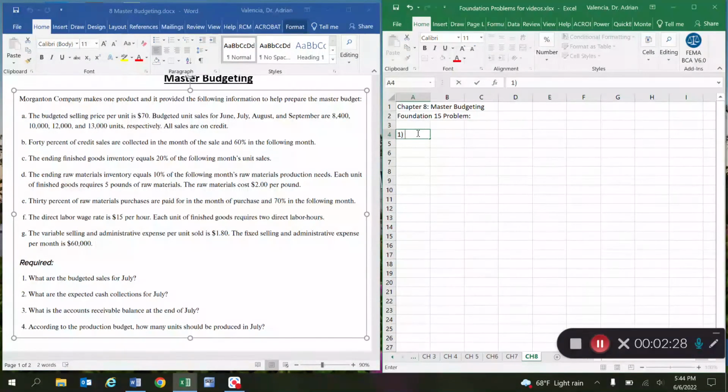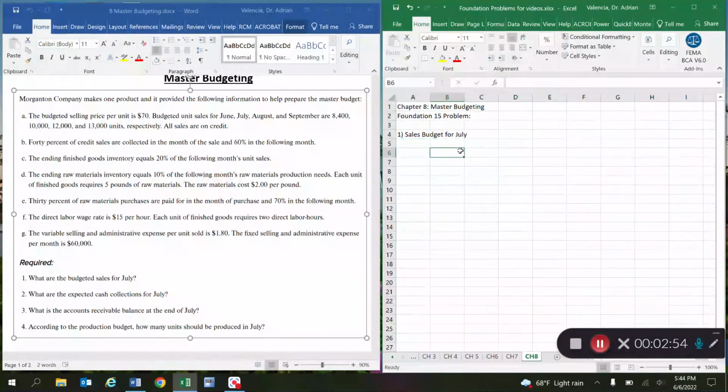So under number 1, we're being asked to prepare the sales budget for July. Now, it's not a coincidence that we're starting with the sales budget, as all budgets really begin from an estimated amount of sales.